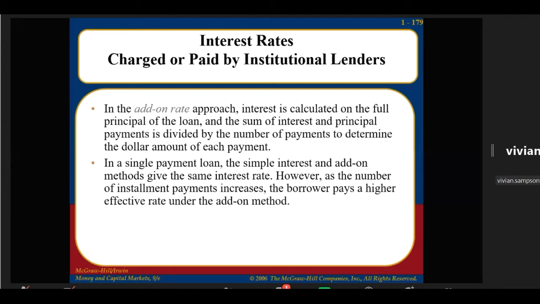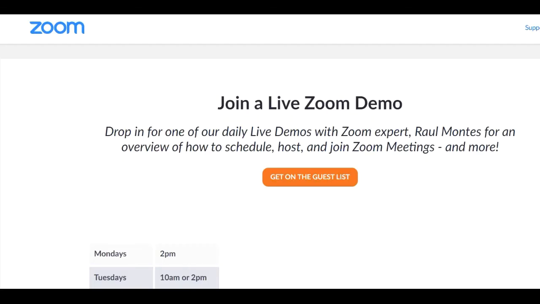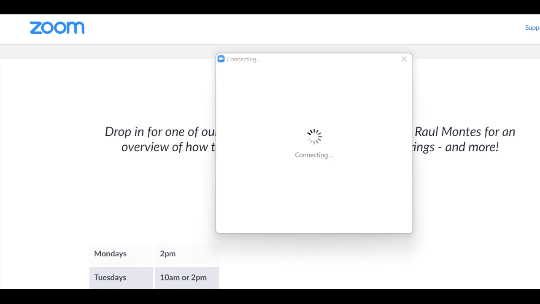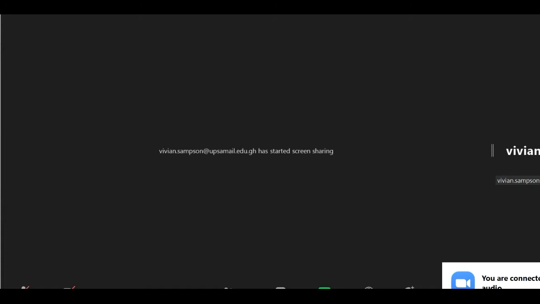And when they are paying back the loan, they are not going to pay it on a yearly basis. They are going to pay it on a monthly basis. Now, how the add-on interest approach works is that we get the number of periods.